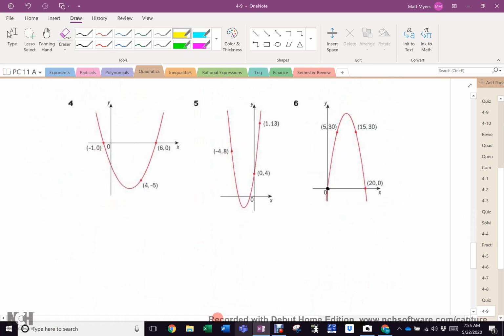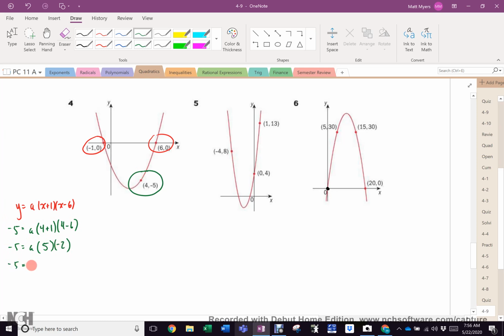Number 4. Again, we've got roots. So y equals a(x plus 1)(x minus 6). There's our sub-in point. Negative 5 equals a(4 plus 1)(4 minus 6). Negative 5 equals a times 5 times negative 2.